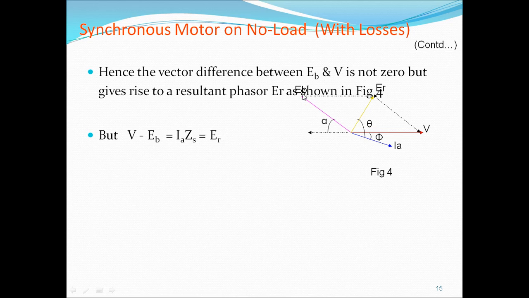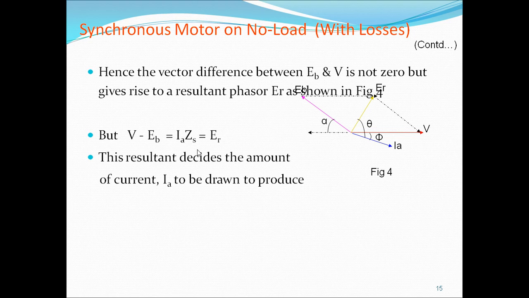ER is a combination of back EMF EB and V. If we join EB and V vectorially, we get a resultant vector, which is nothing but IA into ZS, where IA is the armature current and ZS is the synchronous impedance.